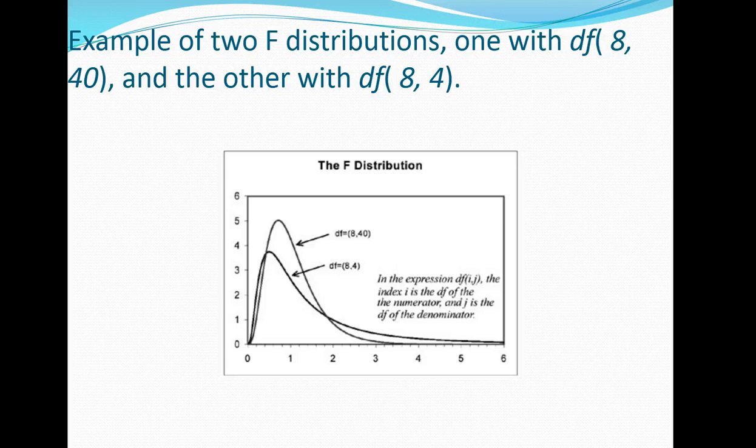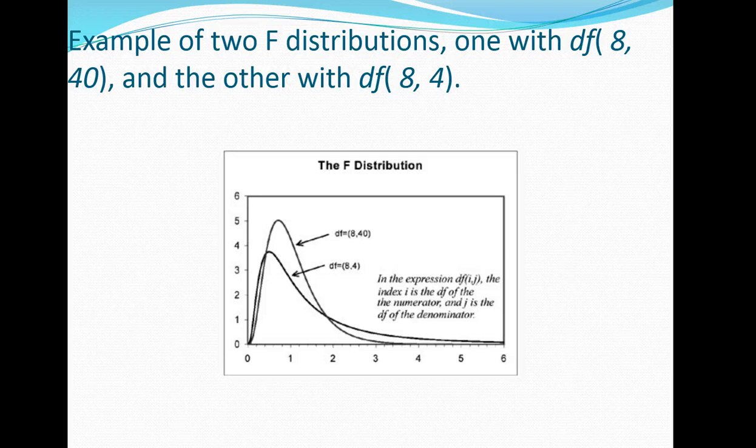and the other with degrees of freedom 8 and 4, is illustrated here on the graph in the middle of the slide. So the top F curve has degrees of freedom 8 and 40.